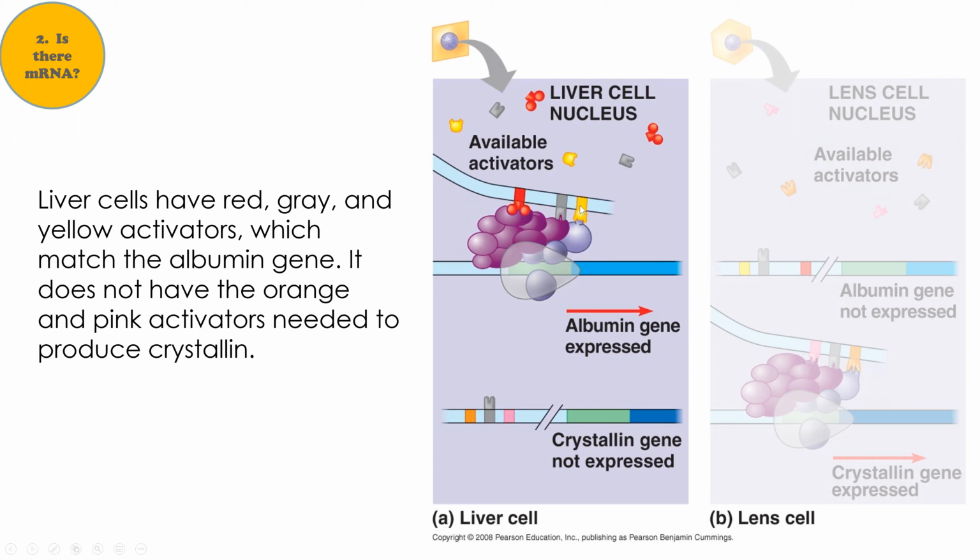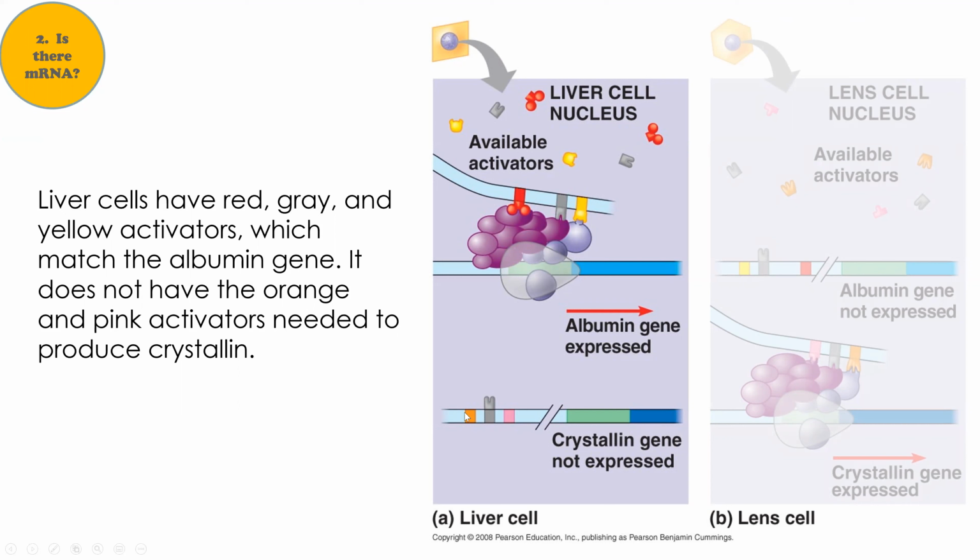Okay, so this will not be what we see on the crystalline gene, but we do see this on the albumin gene. Okay, so albumin gene on the top, crystalline on the bottom. For albumin, everything matches. We're ready to recruit in those mediators, the general transcription factors, RNA polymerase, ready to go.